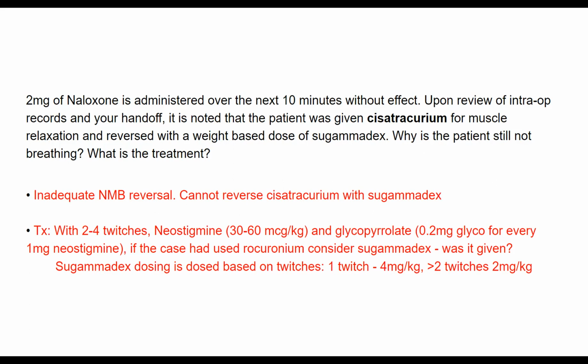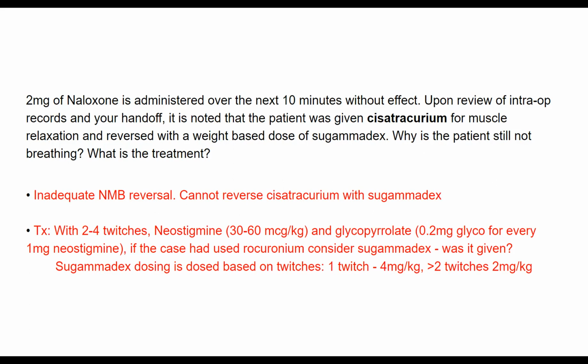The way that works, if we think back through the mechanism of these drugs, is that neostigmine is an anticholinesterase. So you basically stop the degradation of acetylcholine. So you get more acetylcholine building up to outcompete the cisatracurium in this case and relieve that neuromuscular block.